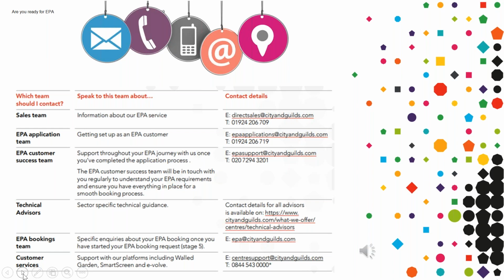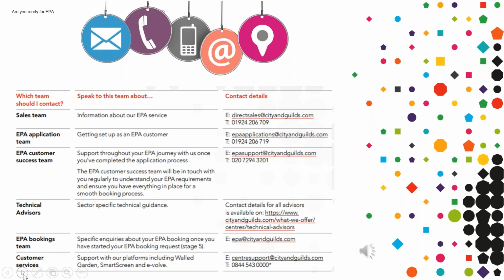Obviously, we've already mentioned on the previous slide the EPA customer success team on the spot. They can give any general inquiries. You've got their number available too. And obviously, we can't forget the technical advisors, and Paul especially on the automotive, who can obviously help you with any of the technical queries around the on-programme or the actual EPA support, which I know Paul is going to go through with you further on today in today's session.